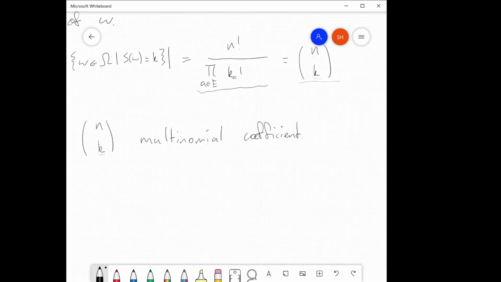If the size of E is 2, so that you've only got 2 different colors, then the multinomial coefficient with n and then (k, n minus k) is the usual binomial coefficient.